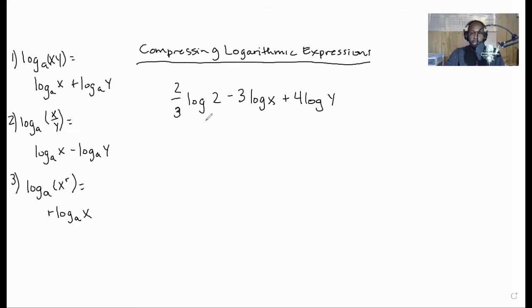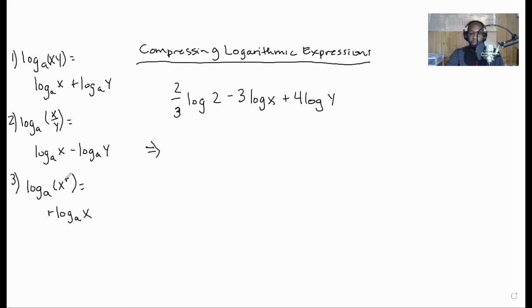Okay. So first of all, let's look at this first piece, 2/3 log 2. You have this constant here in front of the logarithm. When you have a constant in front of the log, you pull that constant to the inside of the logarithm argument, and it becomes a power.